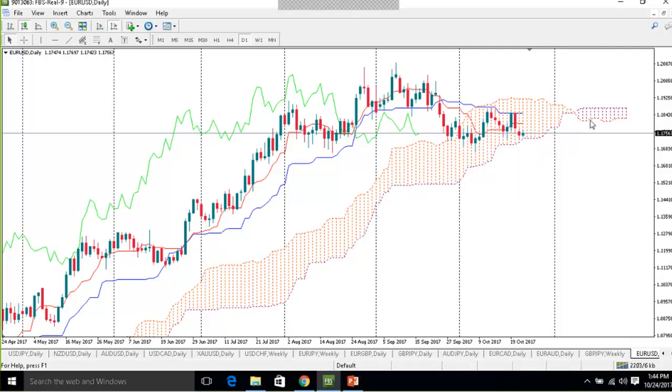You can see that for now the price still is not below the cloud. And the cloud itself on the daily chart is not widening to the downside. The lines are almost horizontal. So it is a sign that we still don't have a substantial downtrend.